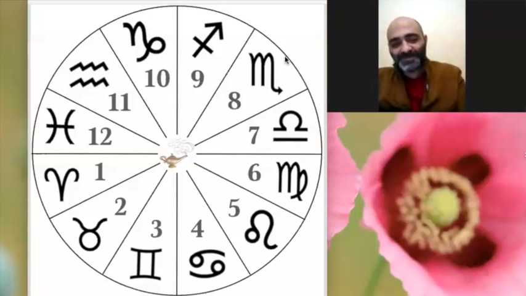I see it as the explorer. So, like what you're saying, it's the house of travel for me, the house of other cultures, other philosophies, other religions, in opposition to the 3rd, which is the neighborhood, the friends, the localism.